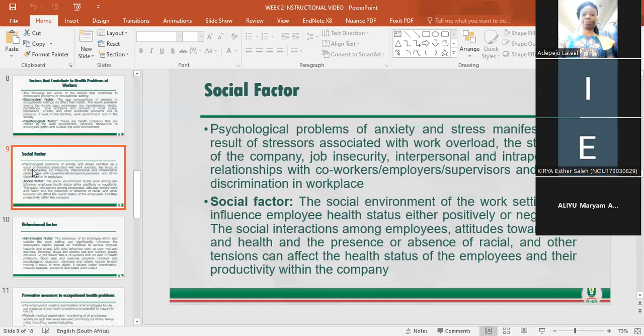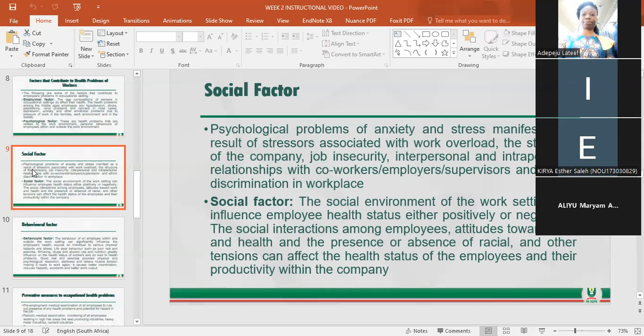Or if there is no interpersonal relationship between the boss and the junior staff, the manager, the supervisor, and so on and so forth, it can drive an employee crazy and make the person misbehave, because the person is not psychologically balanced.